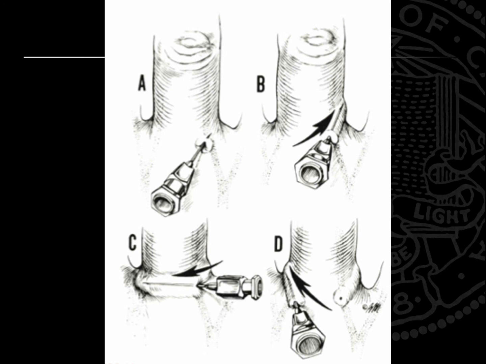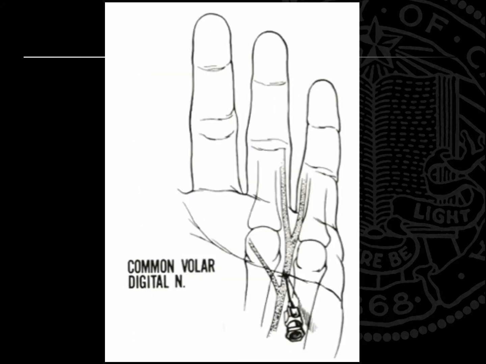Then drop your needle, as you can see in C, go across to the other side to make that nice and numb, and then pull your needle out and re-inject volarly again 3.5 cc's. So that's a total of 10 cc's for a digital block. This is if you're coming in volarly and you just are trying to get the common digital nerve.